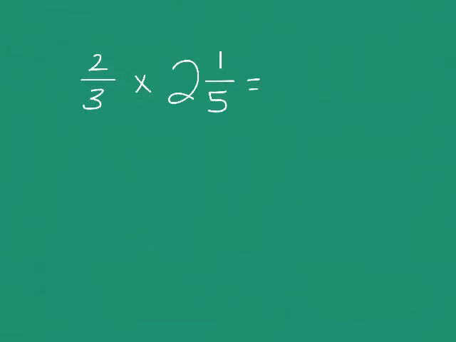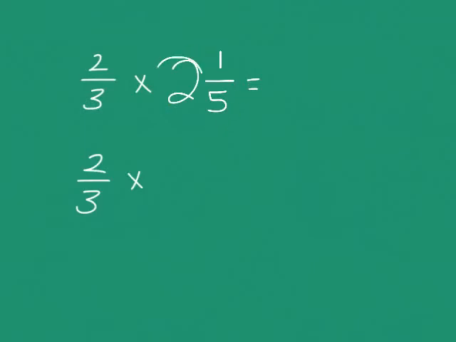To multiply a fraction and a mixed number, we have to have them both be fractions. So we're going to keep 2/3 the same, but we need to make our mixed number into an improper fraction. To make our mixed number an improper fraction, we multiply the whole number by the denominator.